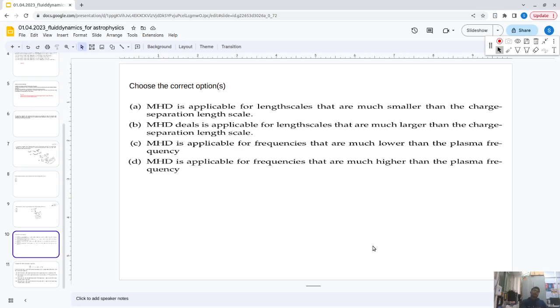That electric field will try to help the charged particle get back to its original position, but it has some inertia associated with it, right?